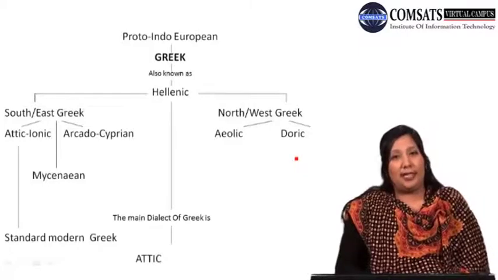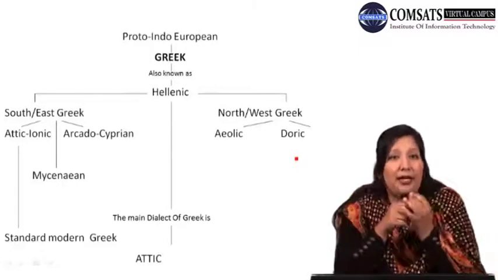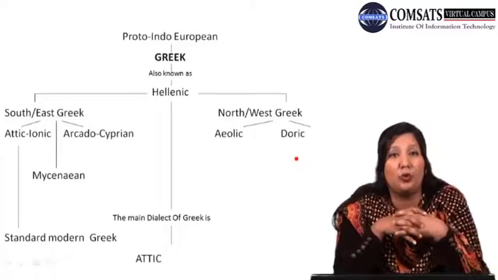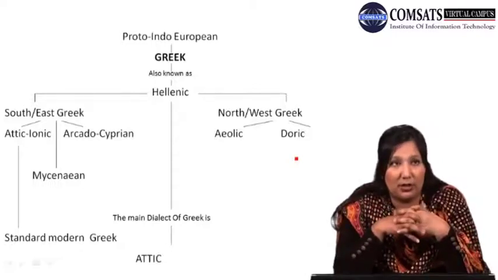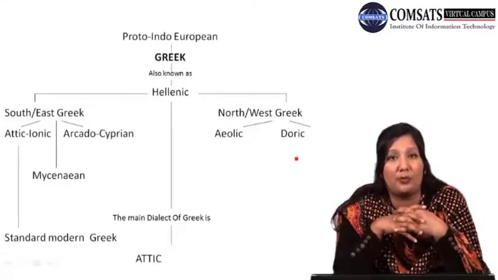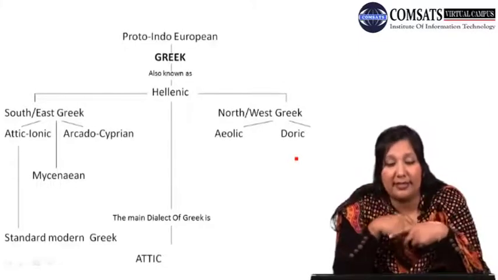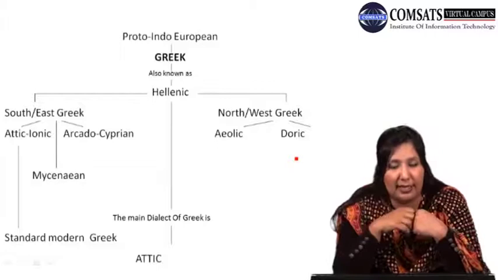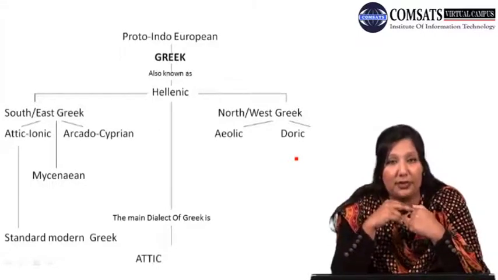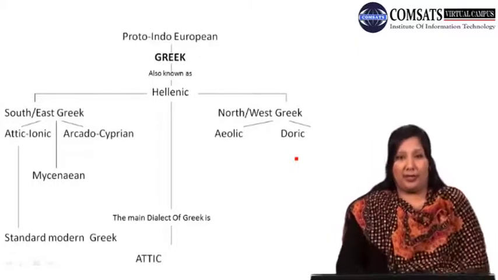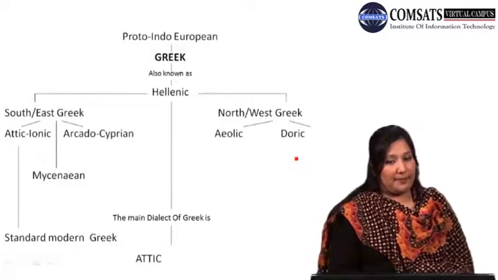Perhaps you are noticing that all these languages are divided according to directions, north, west, east and south, of some specific regions. As you are looking at the slides, Greek is further subdivided into two main branches, South and East Greek, and North and West Greek.